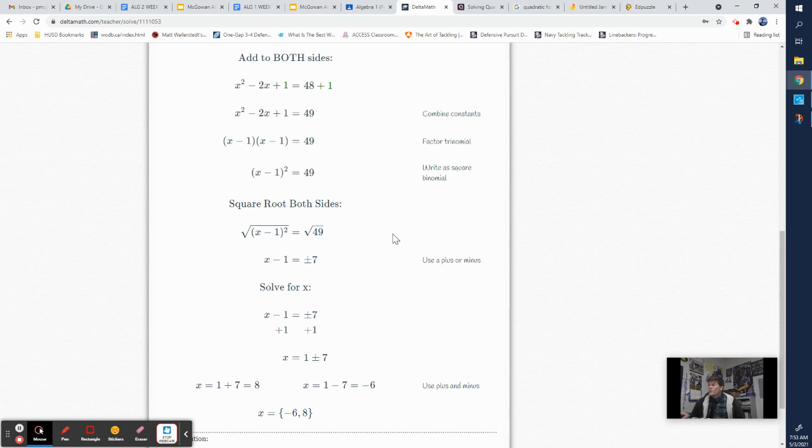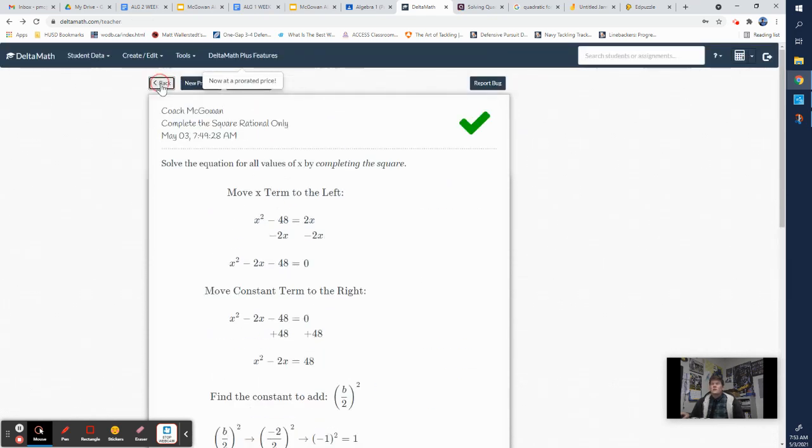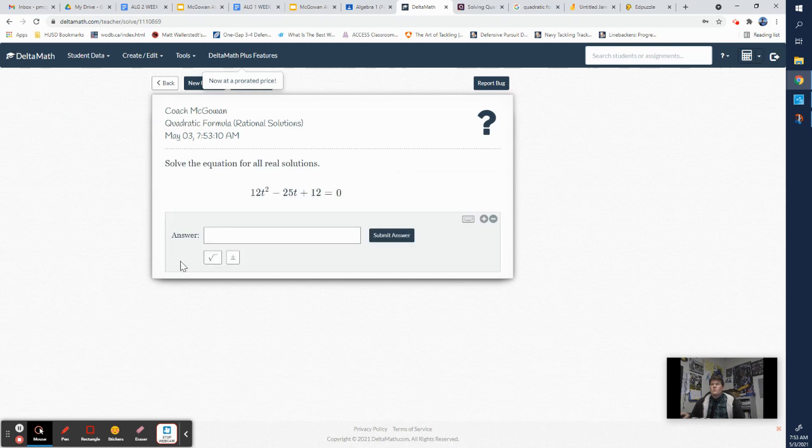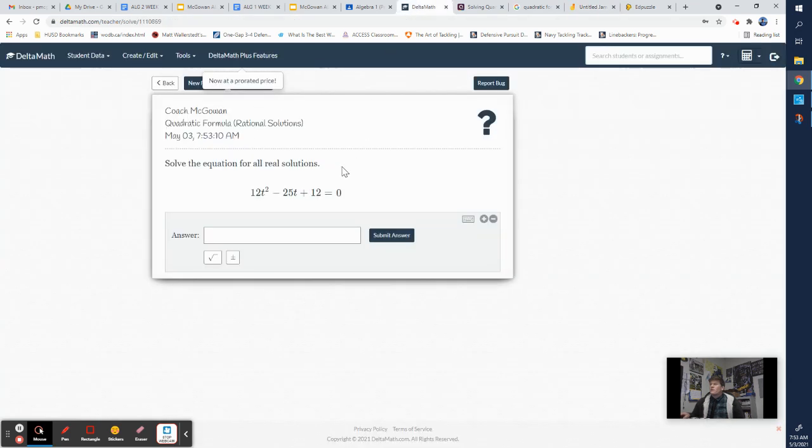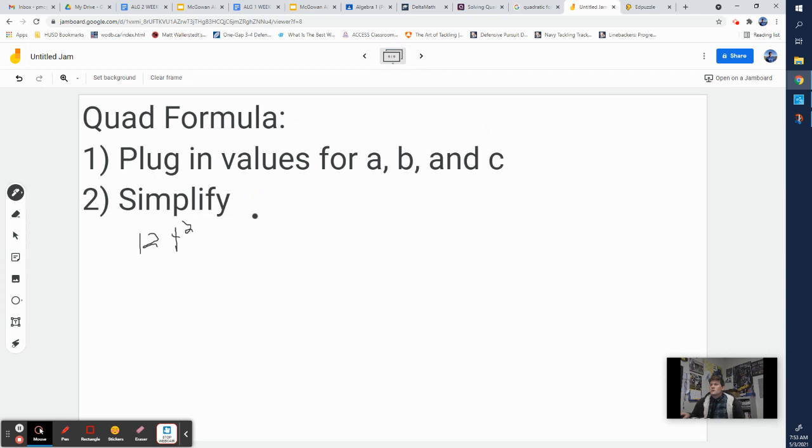One more method to review, solve any of these quadratics. Well, we could also use the quadratic formula. I have 12t squared minus 25t plus 12 equals 0.